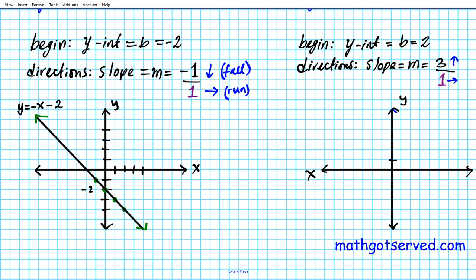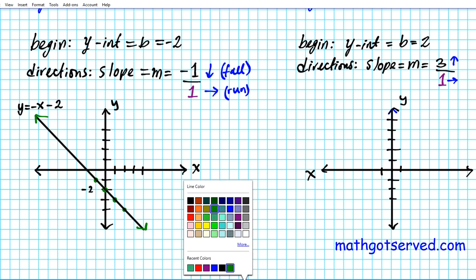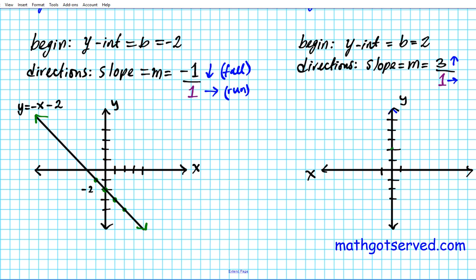So our y-intercept is 2. And then what are we going to do from there? From our y-intercept, let's graph it first. Our y-intercept is 2 on the y-axis. That's where you begin. So from there, you're going to find the second point. You're going to rise 3, 1, 2, 3, and go over 1.